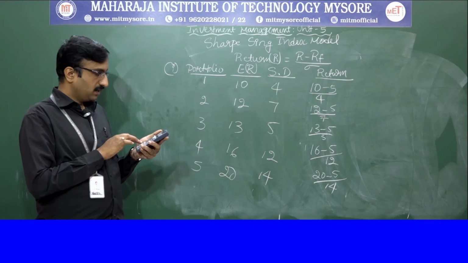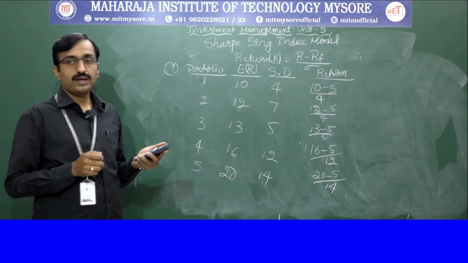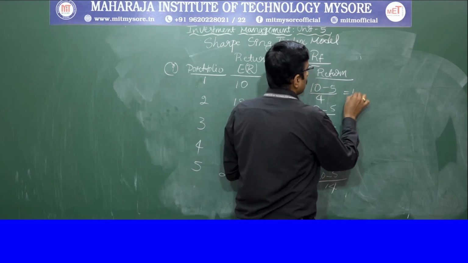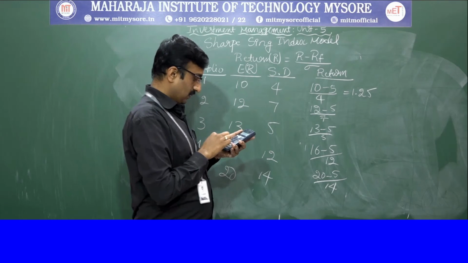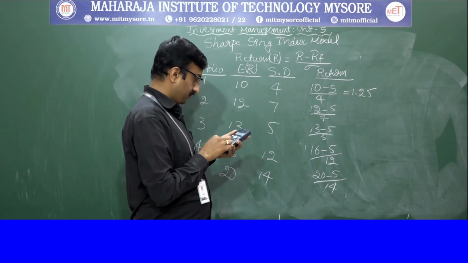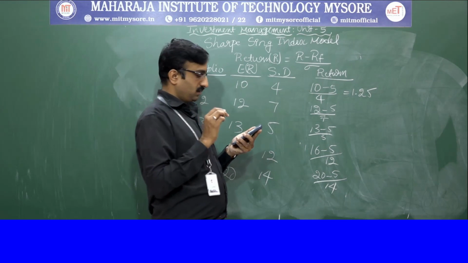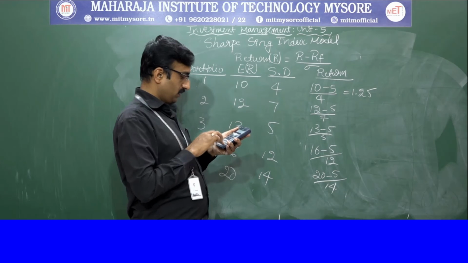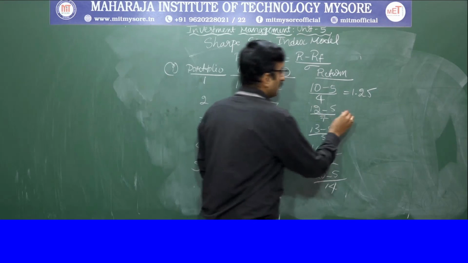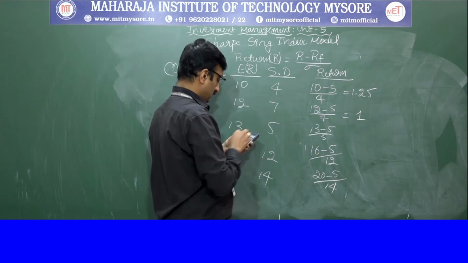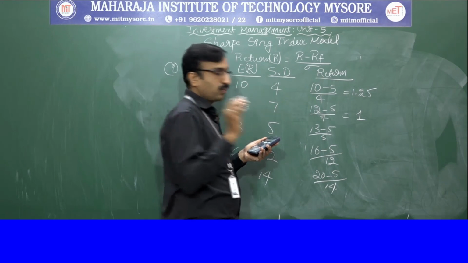10 minus 5, it is 5 divided by 4. You will get 1.25. The return is 1.25. Then for 12 minus 5 over 7, you will get exactly 1. Next, you will get 1.60.